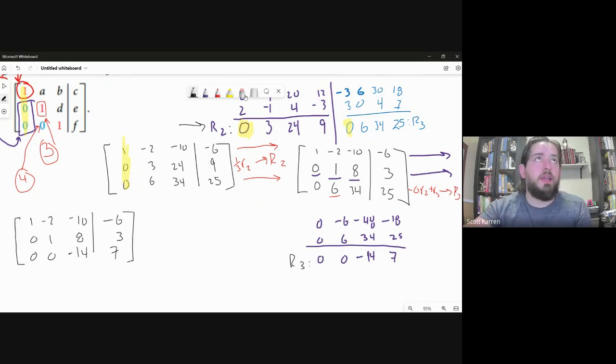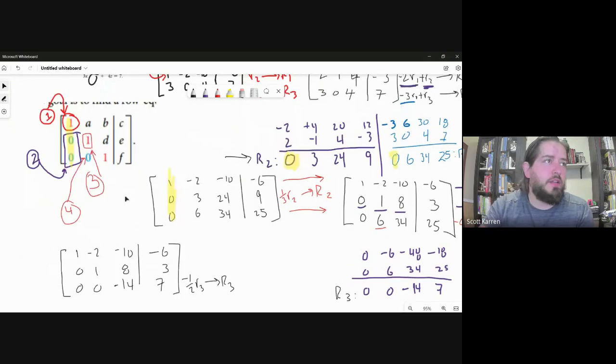And now I'm going to divide row 3, or I'm going to multiply row 3, if you will, by -1/2. And that's my new row 3. Right? And again, I'm doing that because I'm just kind of following this pattern that I've started out here. The pattern is get a 1 and then zero out everything below it. Get a 1, zero out below it, and then I want to get a 1 here.